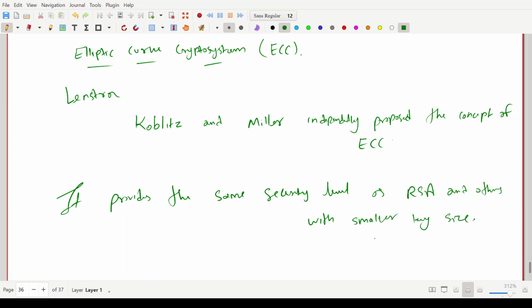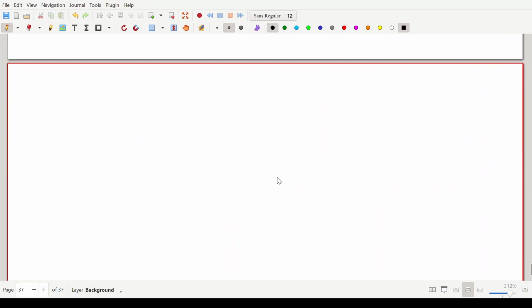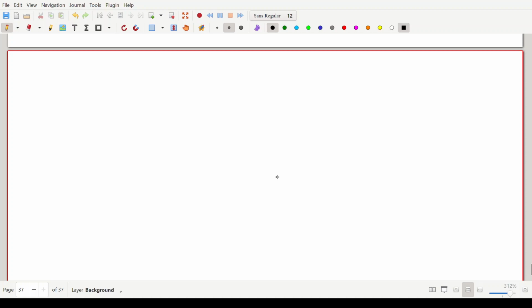So this is the main advantage of this ECC, that is elliptic curve cryptosystem. So let us start with elliptic curve over field, say FP.